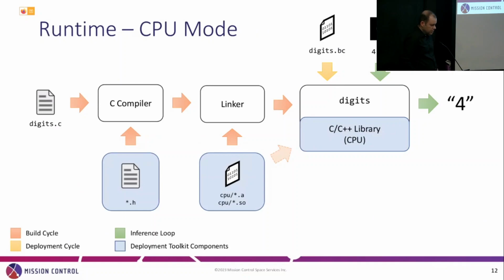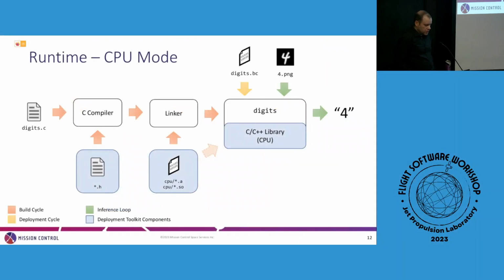I'm going to talk about the runtime. The way it works is you usually have some C code that's going to link to our libraries. Typically, like with any C program, you'll include some headers, and I'm going to show that. And then you link against some libraries, and then it will generate an application. In this case, this executable here on the right called digits.